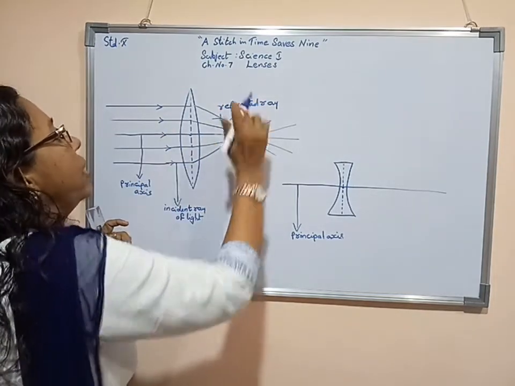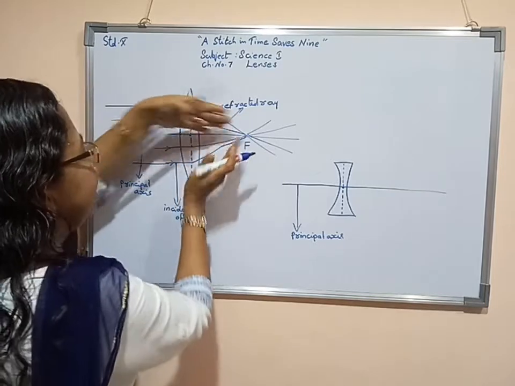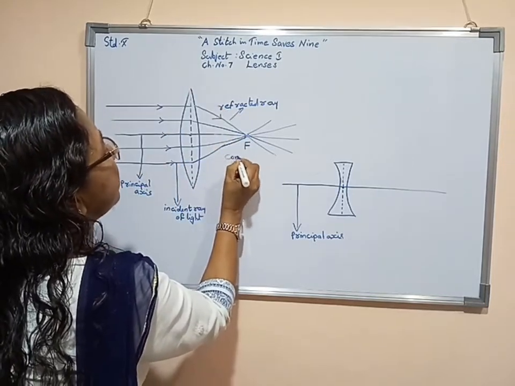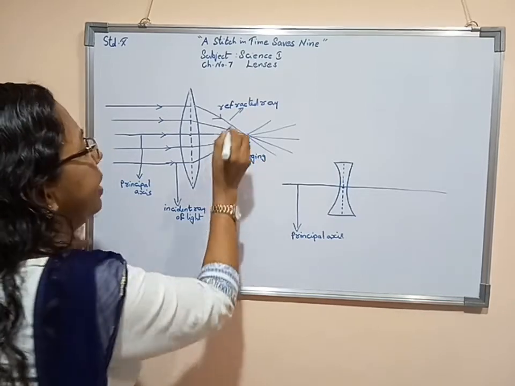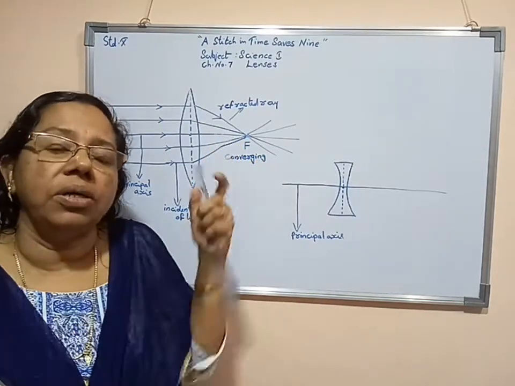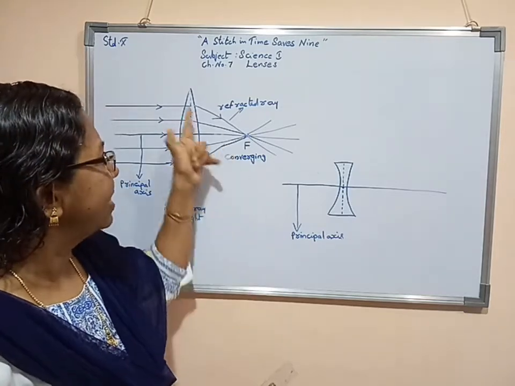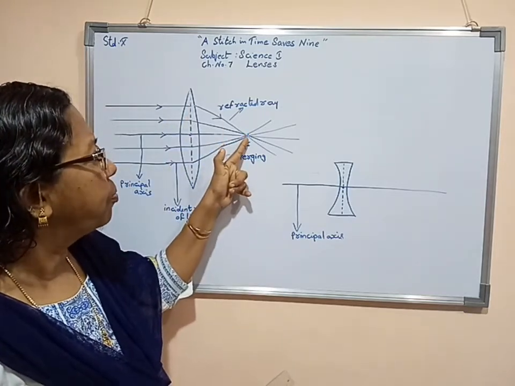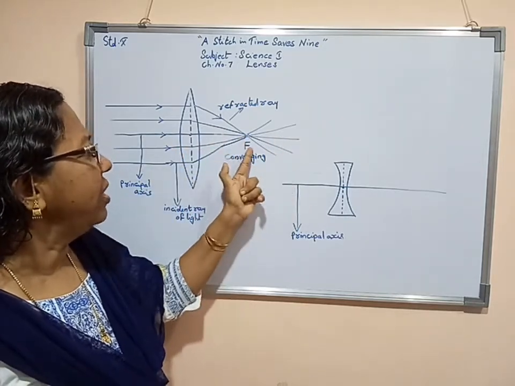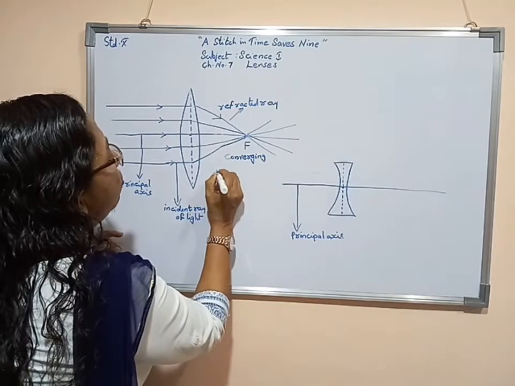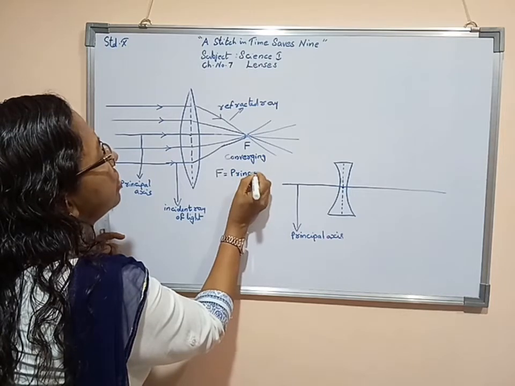So all the rays are going and converging. Converging means they are going and joining at a point on the principal axis. This point we can say as principal focus. F is known as the principal focus of this lens.